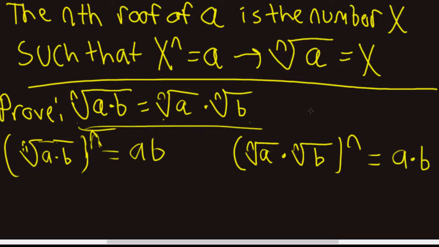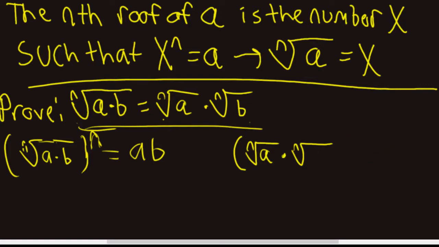This is what we want to prove or want to show. Because then if we show that these are both equal to ab, then that proves our original theorem that the nth root of ab is equal to the nth root of a times the nth root of b.